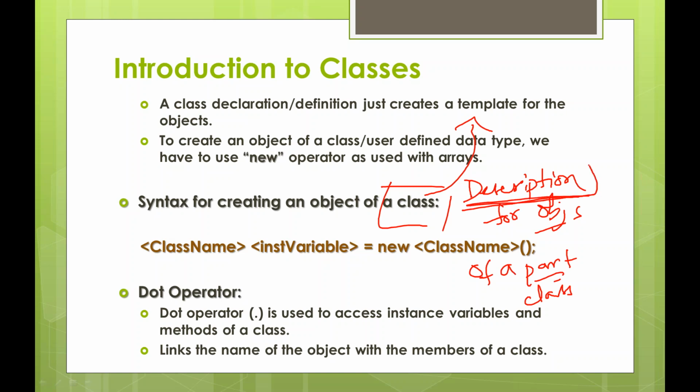So this is just a description. That is what we call here a template. Wherever you see the textbooks that you refer to, they will say blueprint. Blueprint for your objects.